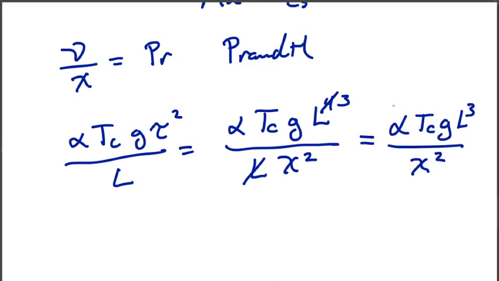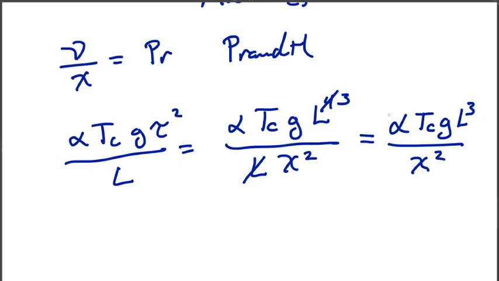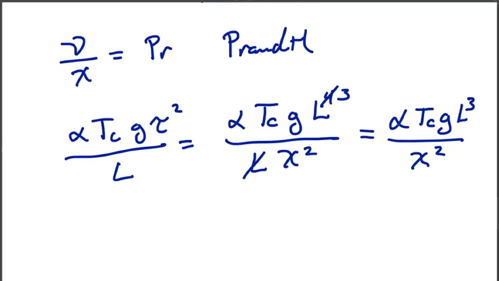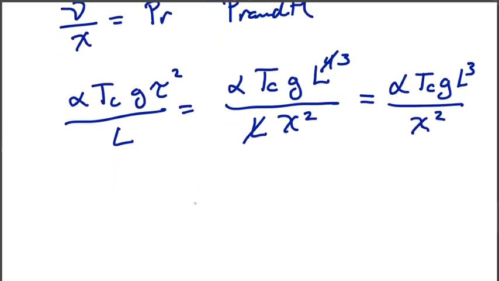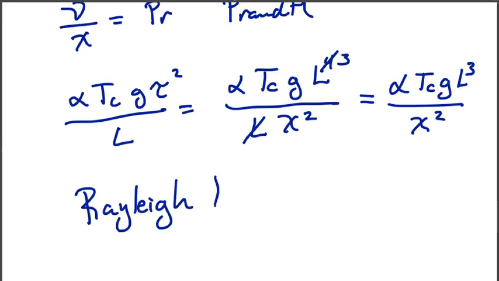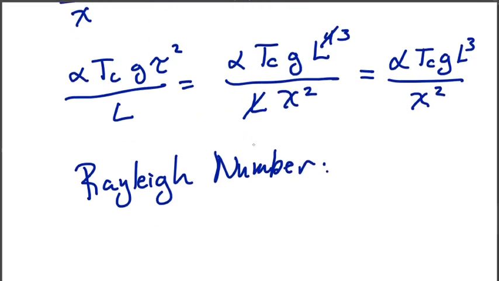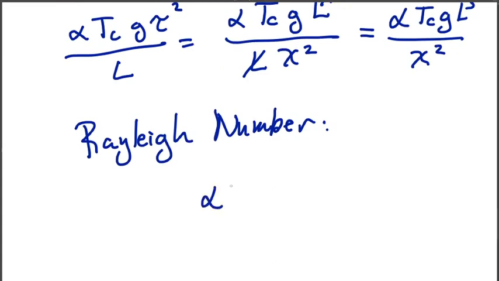This term is related to a well-known non-dimensional number in fluid dynamics called the Rayleigh number. So I'm going to introduce the Rayleigh number right now. And the Rayleigh number is alpha T C G L cubed over the mixture chi nu.